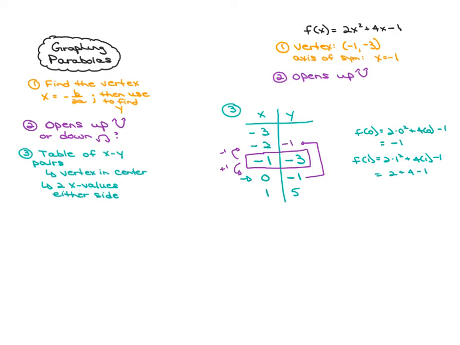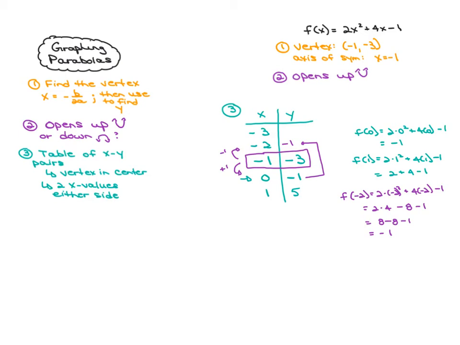Let's just double check that to make sure I'm telling you the truth. f of negative 2 is going to be 2 times negative 2 squared plus 4 times negative 2 minus 1. So that's going to be 2 times 4 minus 8 minus 1. 8 minus 8 minus 1 is, yes, indeed, negative 1.